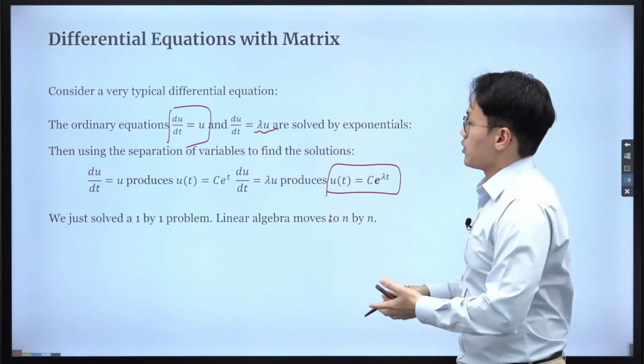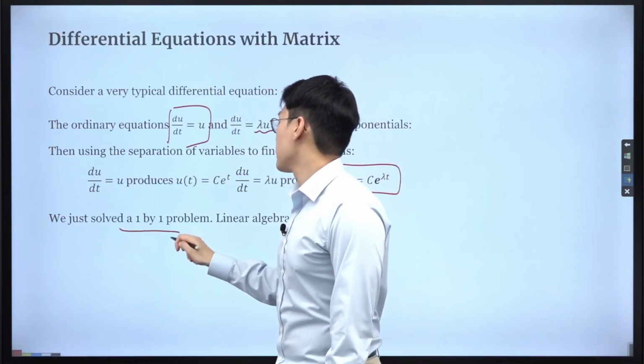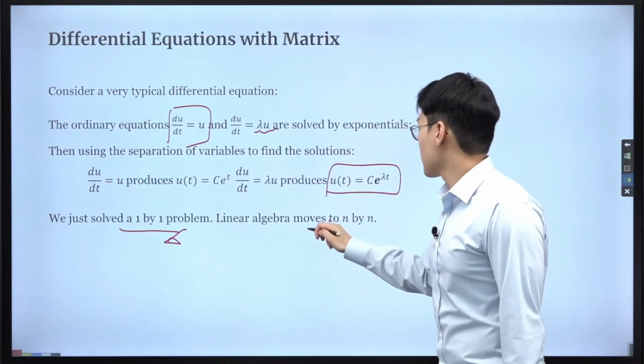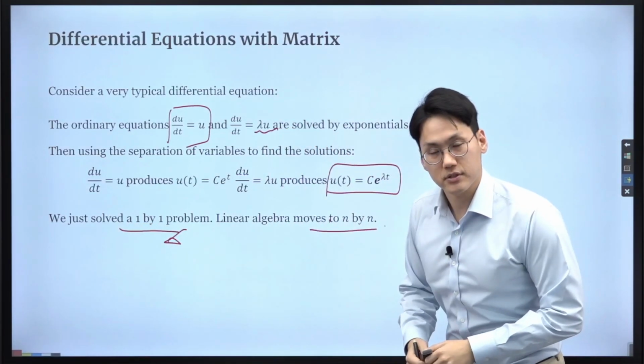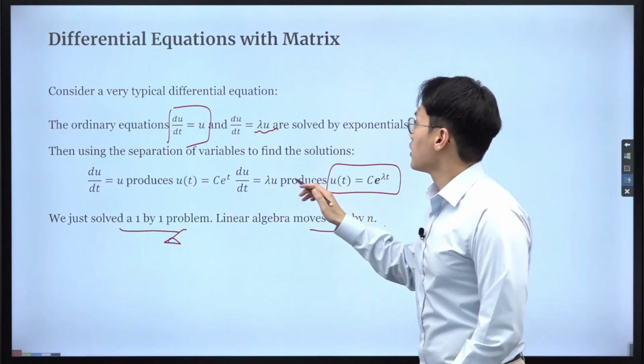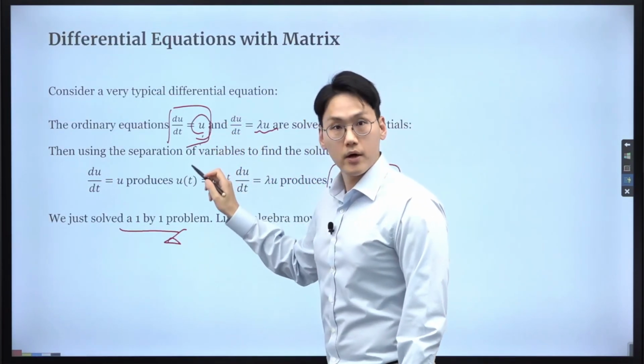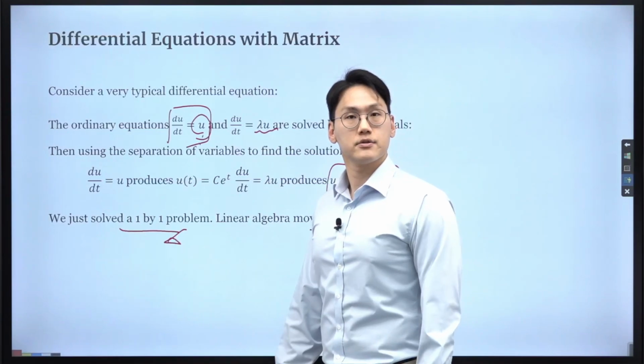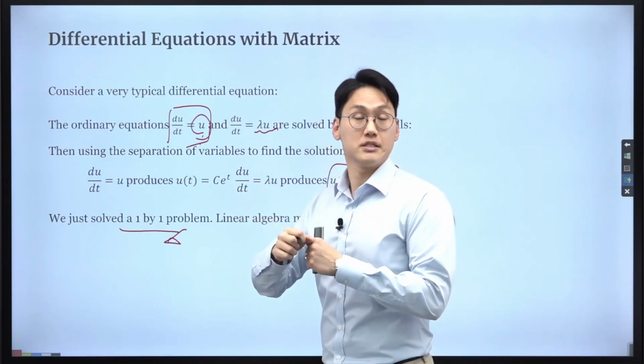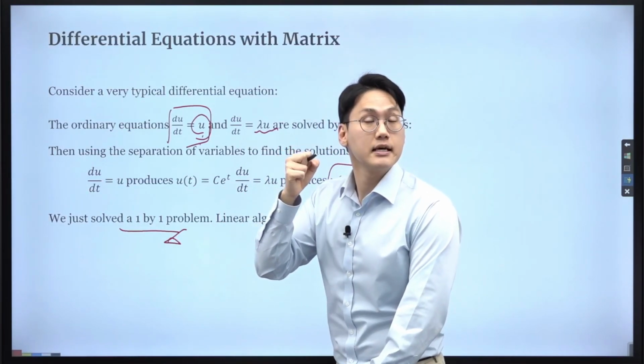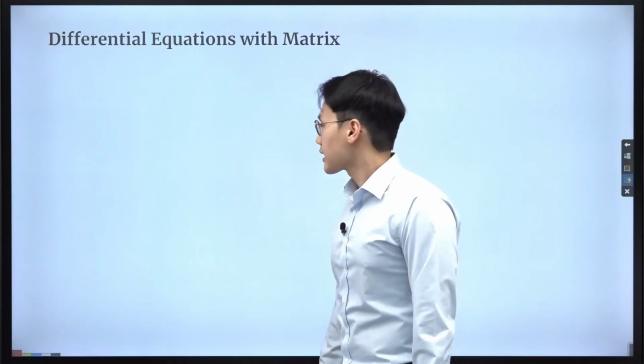Okay. But now, what we want to do here is this is a one-by-one problem. This was one-dimensional. What if we move into the n-dimensional space? Of course, now this u, as one dimension, will be extended to n dimensions, where it's going to involve a vector, isn't it? It's going to involve a vector, my friend. Let's see what we can do.